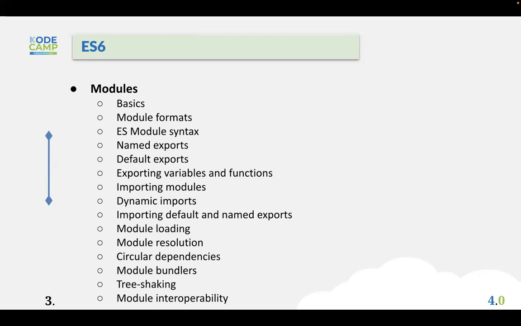It also does code splitting, which splits code into smaller bundles that can be loaded on demand. If you don't call the add function, that asynchronous module will not be loaded. So it is being loaded on demand.